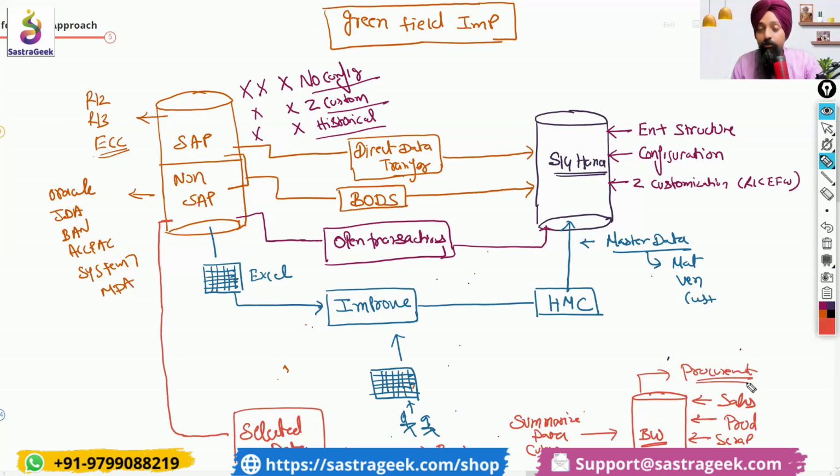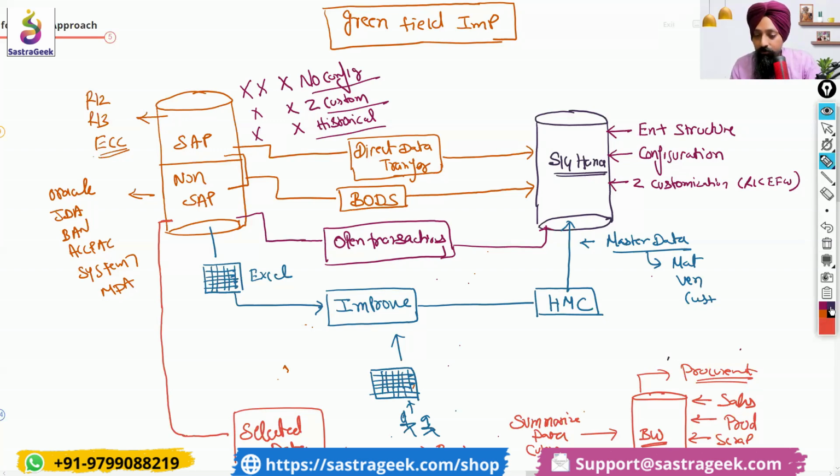I'm not interested in the particular purchase order numbers, okay? But I need summarized data so that I would be able to compare this data and do my reporting and strategic decisions. I would be able to make it for my legacy data also, right? For that purpose, this summarized data, we bring it to the BW.